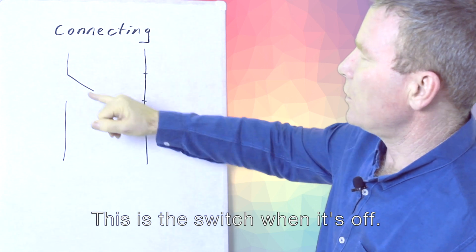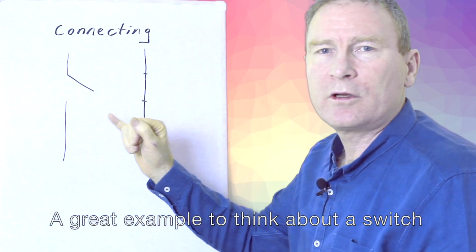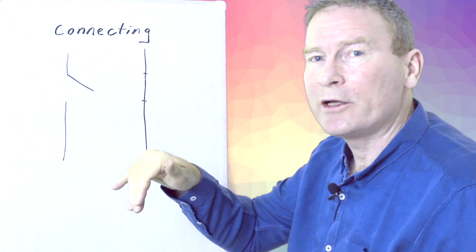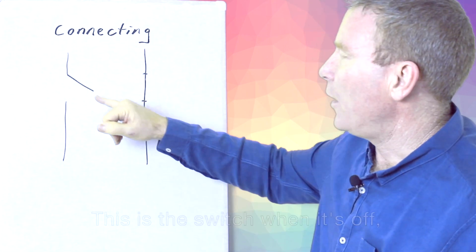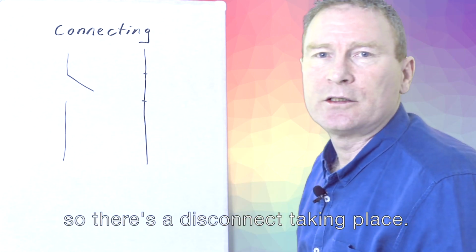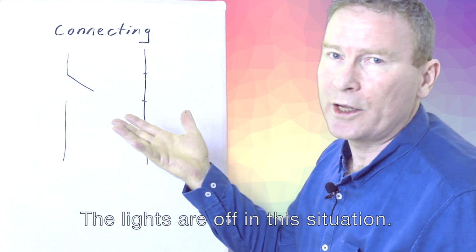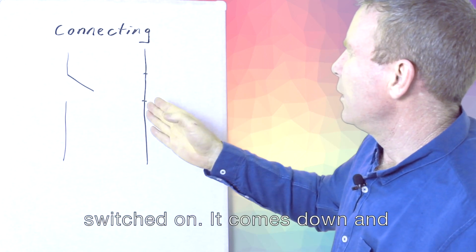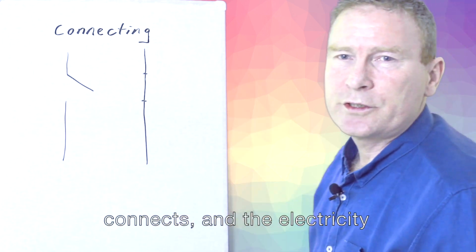This is the switch when it's off. And a great example to think about a switch like this would be a light switch. So when you flip that light switch on, the lights come on. And this is the switch when it's off. So there's a disconnect taking place. And so the lights are off in this situation. And here we have a switch that's been switched on, it comes down and connects and the electricity flows through.